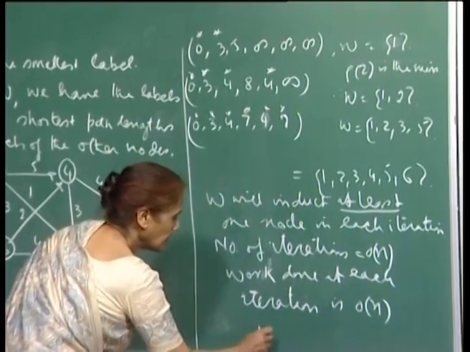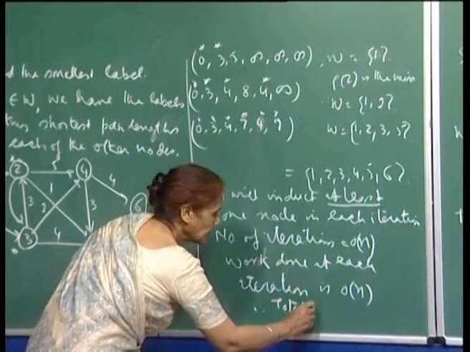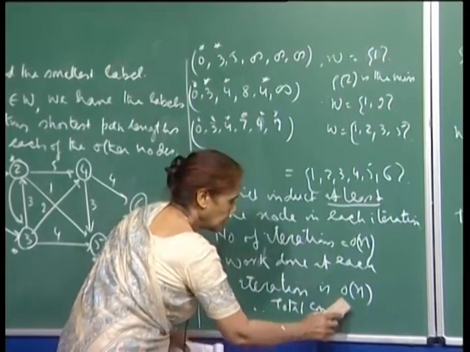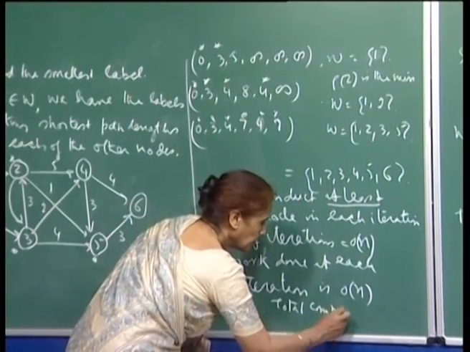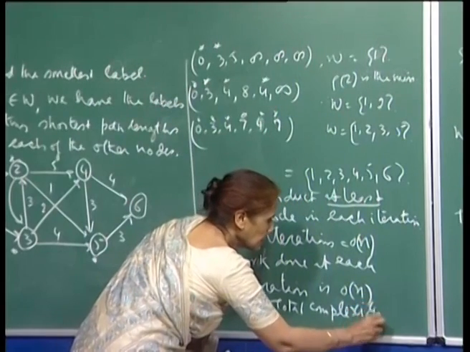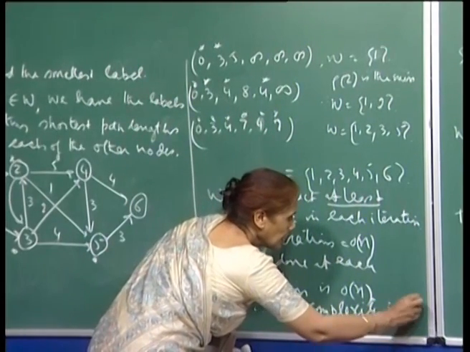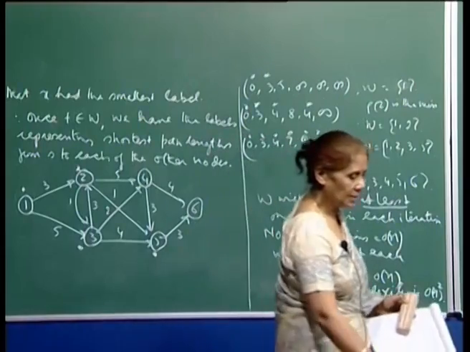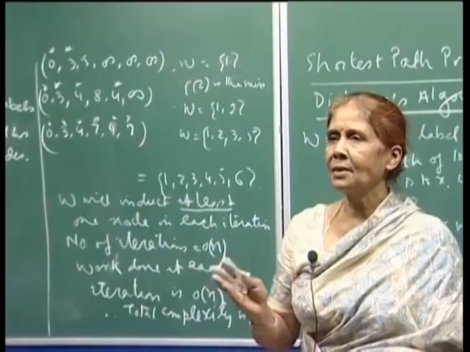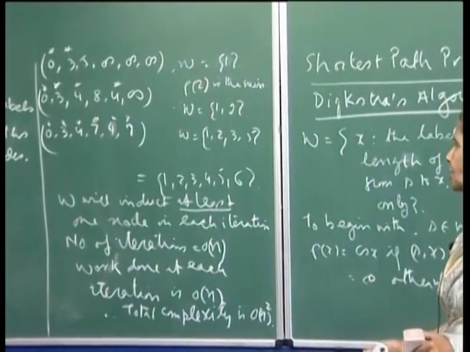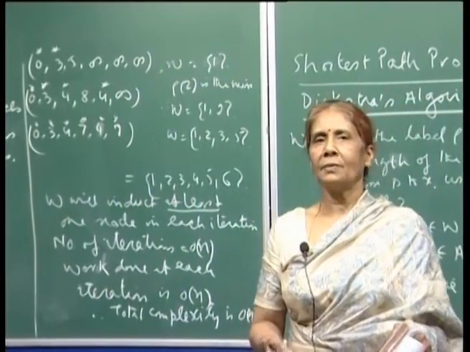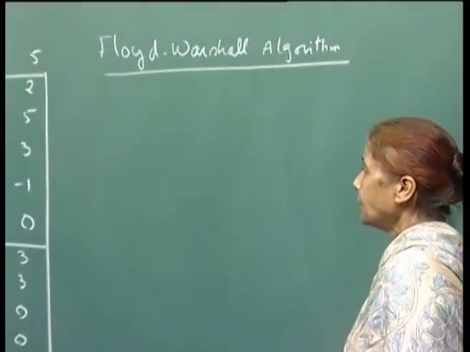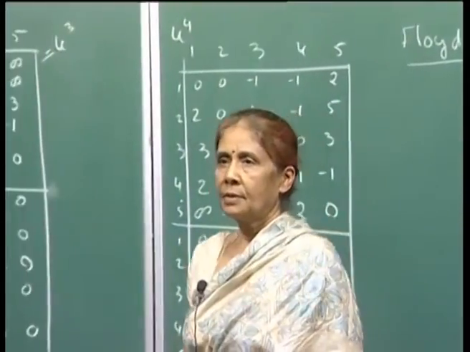Therefore, you say the total complexity is order n square, which is really nice, because at most in order n square steps, calculations of addition, comparison and so on, you will be able to find out the shortest path in a network having n nodes.